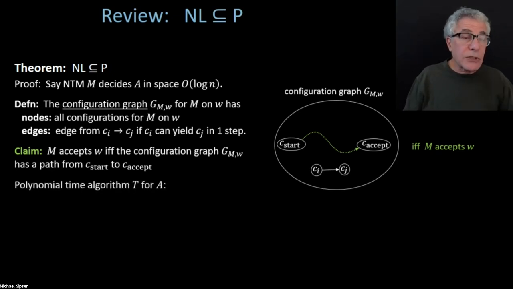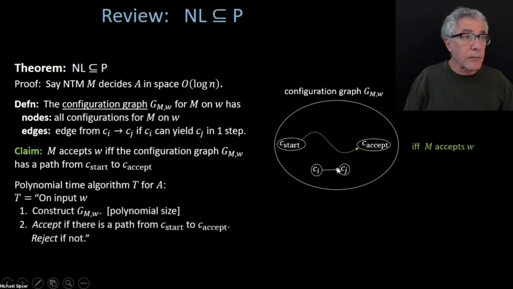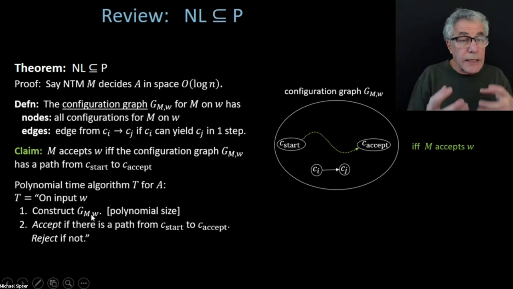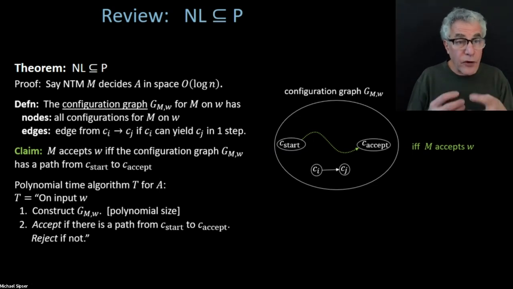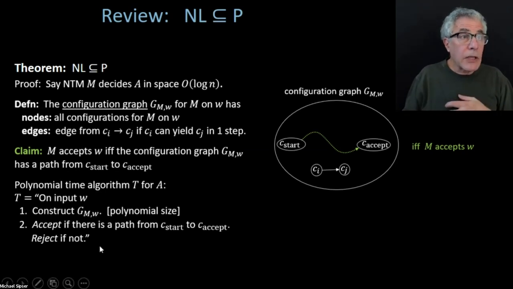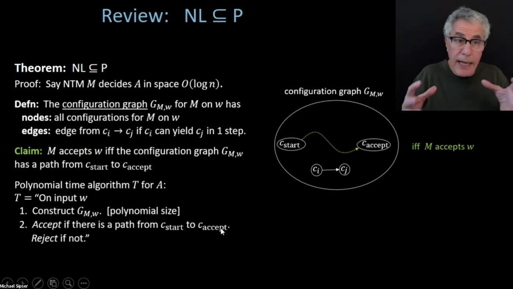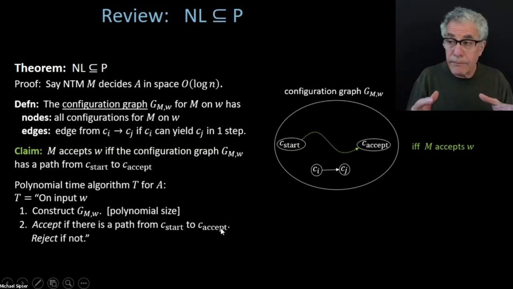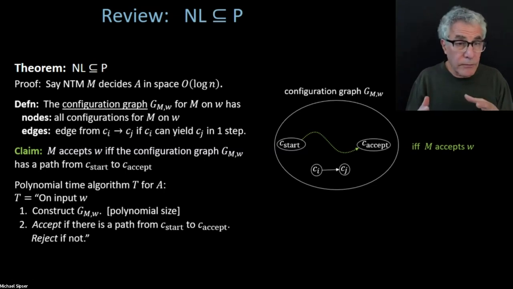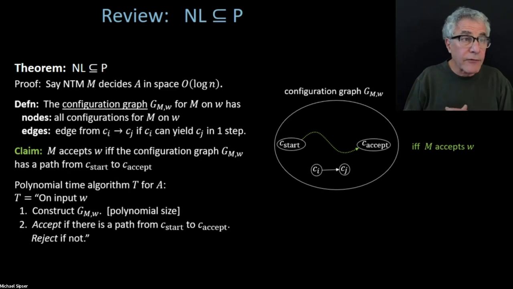Okay, so that tells us what the polynomial time algorithm is. On input W, you construct that configuration graph for M on W, G sub MW. And you test whether there's a path from C start to C accept using any polynomial time depth first search or breadth first search algorithm for testing whether there's a connecting path in a graph.